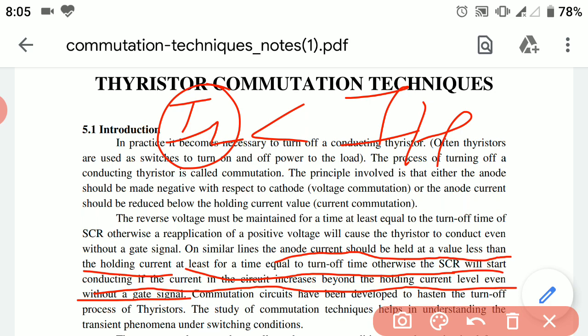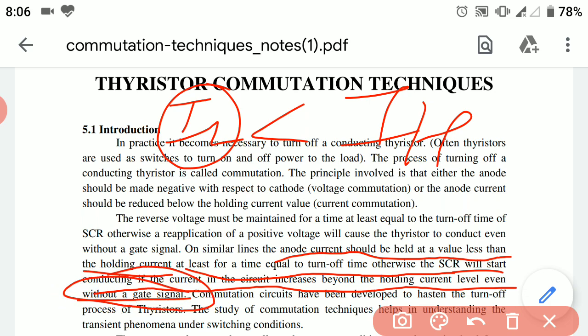Now we have to maintain this condition for a time equal to the turn off time of the thyristor. If we maintain this condition for a time less than the turn off time of the thyristor, then this thyristor may again start conducting without a gate signal.